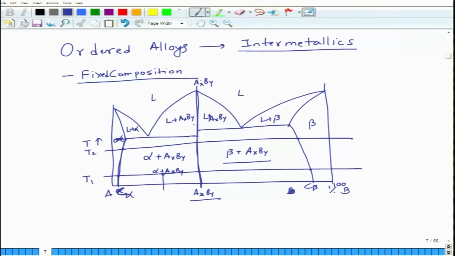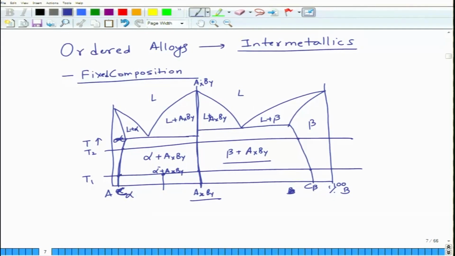But you can see AXBY remains vertical. The composition of AXBY does not change, it is a line compound, it remains fixed. When you are at some other composition, you have alpha plus AXBY, alpha of this composition, AXBY of this composition.